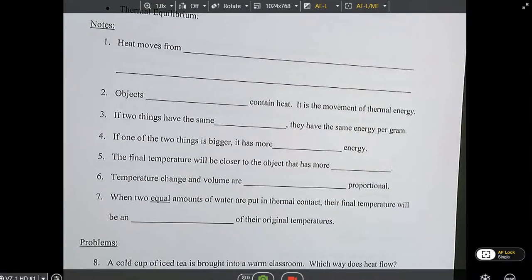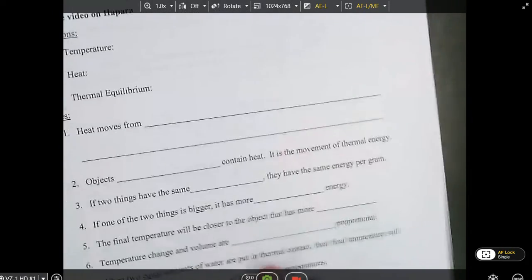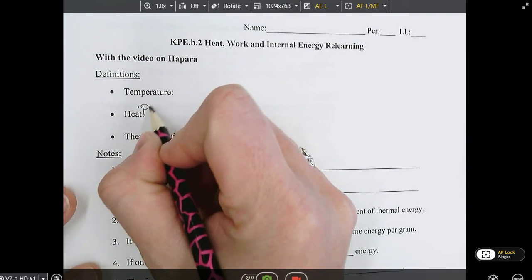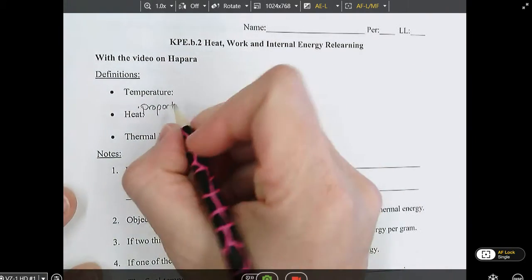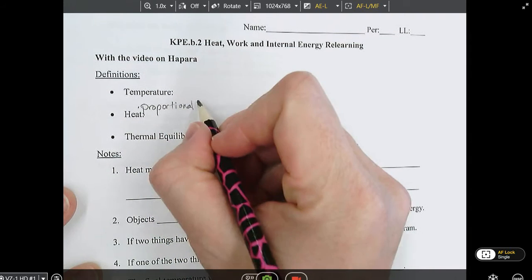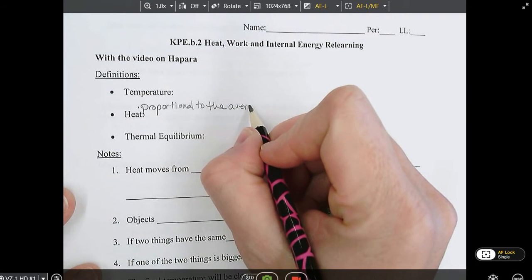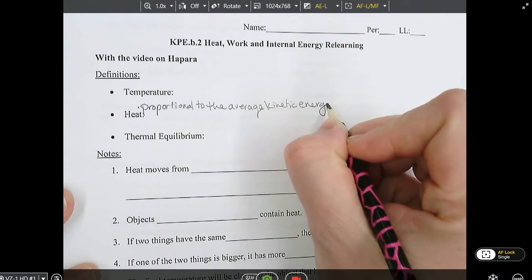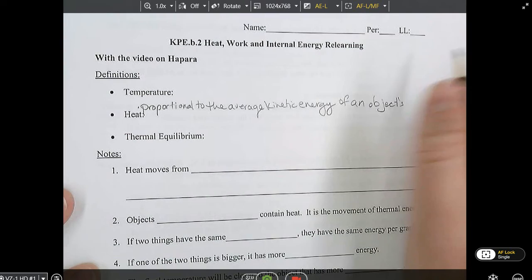Let's move on to the practice problems. Please reference your notes as we go through these. One thing I would like to add to your notes, up by temperature, please add: proportional to the average kinetic energy of an object's molecules.